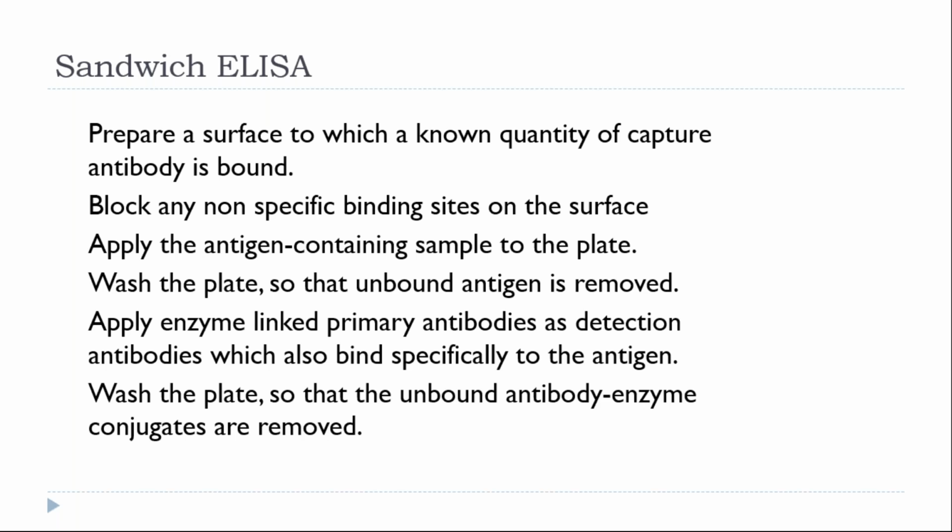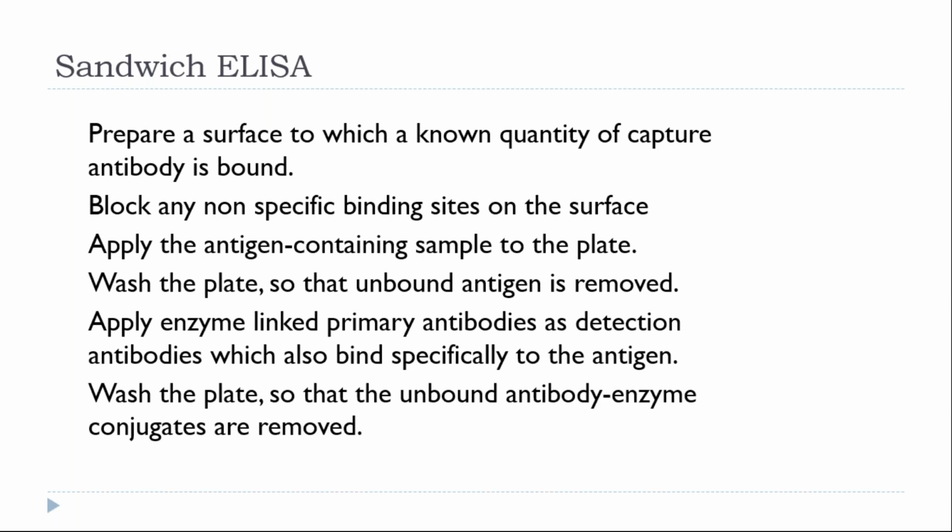Generally, we keep it overnight. You wash the plate to remove the unbound antigen, and then you add the primary antibody as detection antibody, which will specifically bind to the antigen.